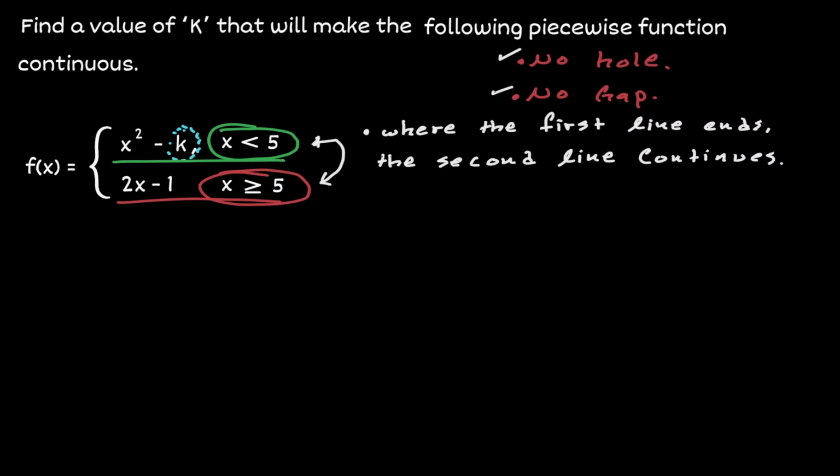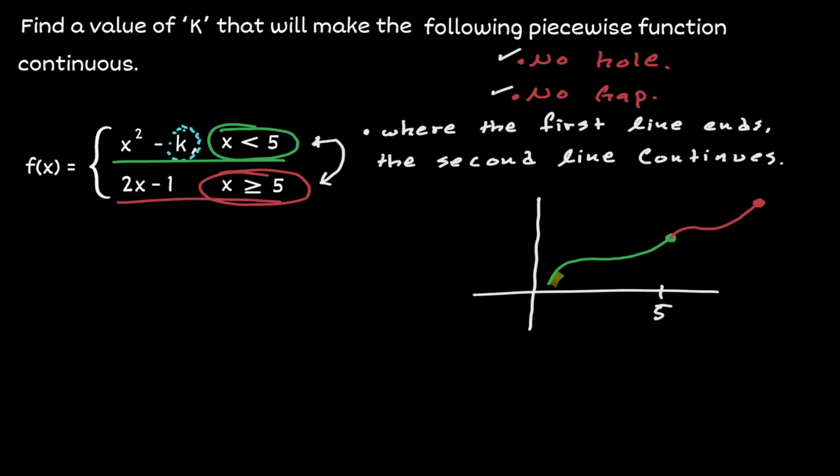So let's visualize that. But notice that the switch between the first and the second line is happening at the value of x equals 5. What we want to make sure is that whenever the first line ends at the value of x equals 5, exactly at this location, the second line should continue.